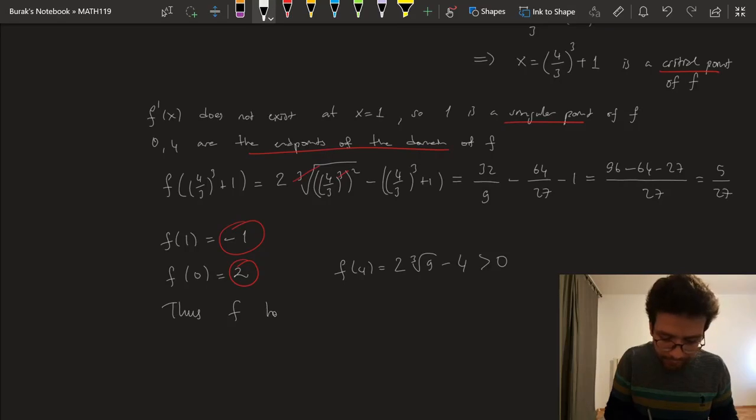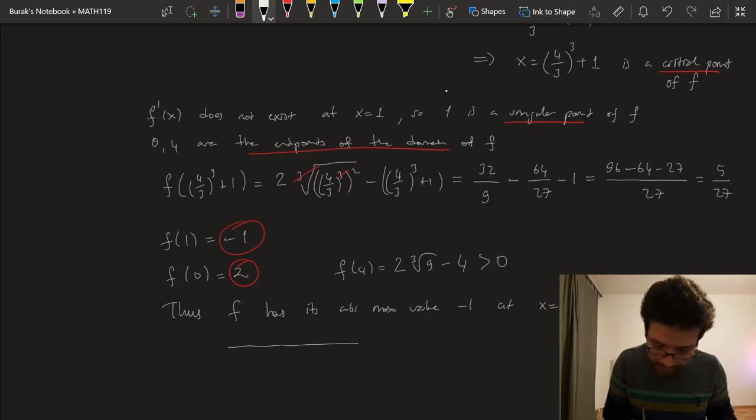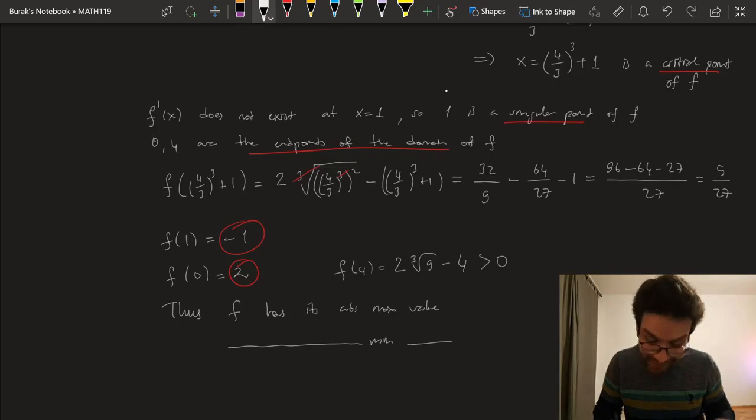Thus, f has its absolute maximum value, I'm sorry, it's the other way around. Its maximum value is 2, and it occurs at 0, and its absolute minimum is -1, and it occurs at 1.